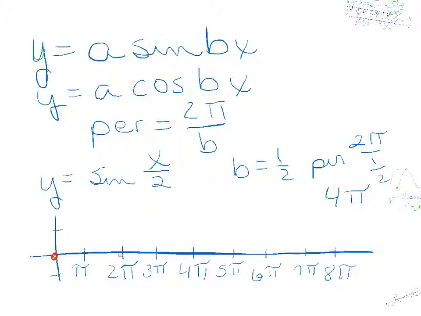We cross at 2 pi, we cross at 4 pi, we cross at 6 pi, and we cross at 8 pi. We're at our maximum at pi and minimum at 3 pi, maximum and minimum. And so there's the graph of y equals the sine of x over 2.